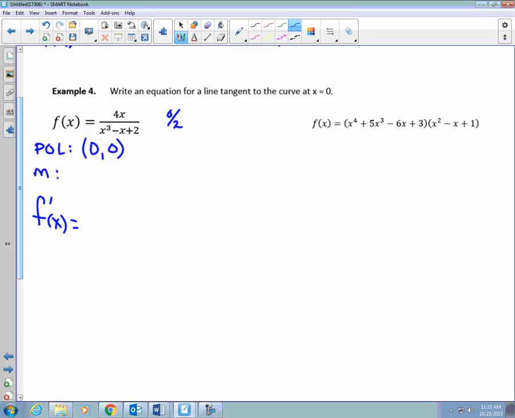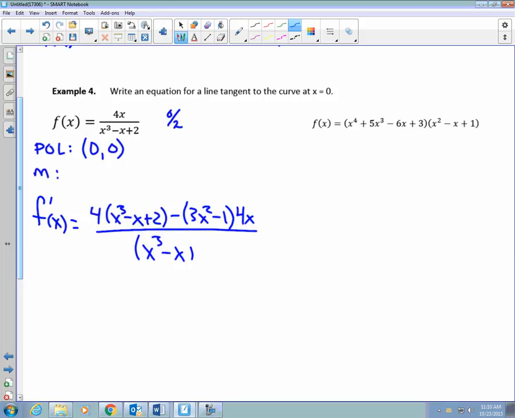Derivative of the top, 4, times the bottom, x to the third minus x plus 2. Minus, what's the derivative of the bottom? Times the top. 4x. Over the bottom, x to the third minus x plus 2 quantity squared.